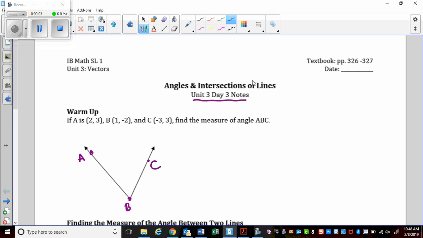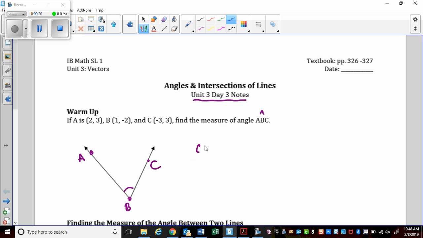Good morning. This is the Unit 3, Day 3 notes, and they're asking us for the angle between BA and BC, or this angle right here at angle B. So remember we have a formula.